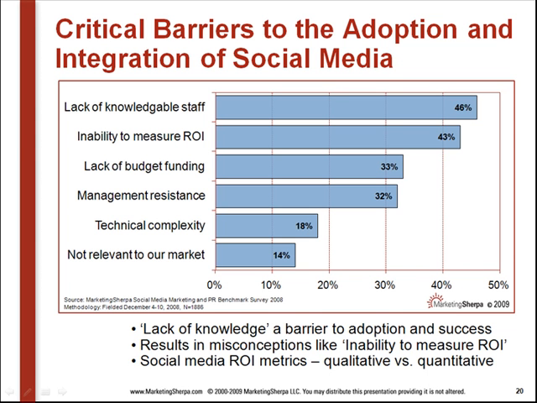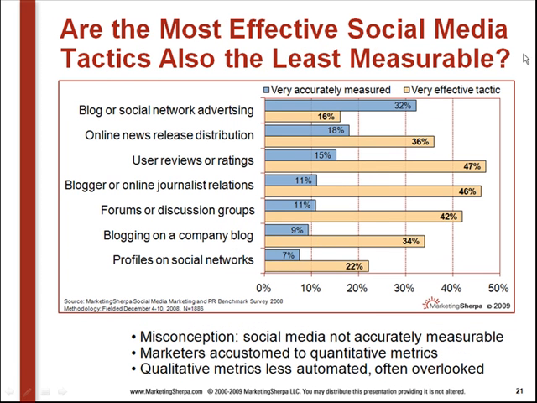You can measure ROI quantitatively to get the metrics that you need, but you also have to measure social media qualitatively. It's not always the number of comments that you get on a blog. It's the tone of the comments. Are people objecting to what you're saying? Are there negative comments? That can be measured as well as the quantitative elements.